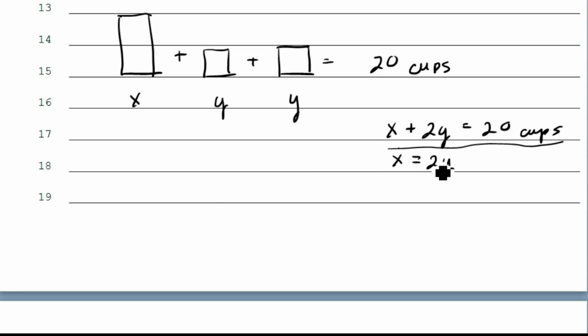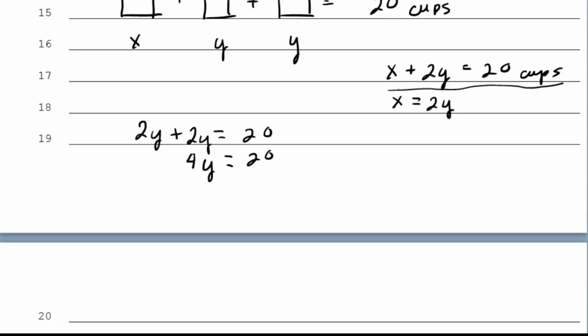So you have this information here, you can stick that into this. Substitute this x for that. So you have 2y plus 2y equals 20. It'll be 4y equals 20. Divide both sides by 4.